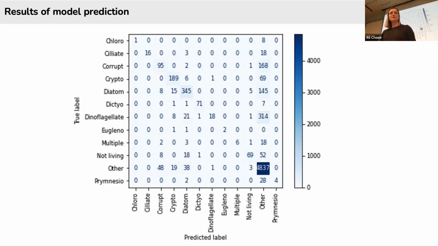That's information that can be really valuable to us because, for example, if the network is wrong half the time on one category of plankton, but it's always putting them in one other location, that's information that we could use maybe in how we prepare the data or design our network or use the data at the end.